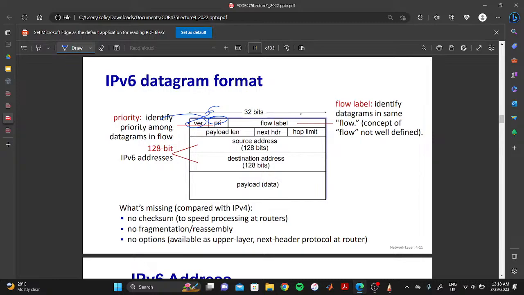We started by looking at messages as packets, discrete amounts of information sent over a wire. But that's not how it really works. You want it to be sort of continuous, and that's what a flow is. Flow is not really well defined.